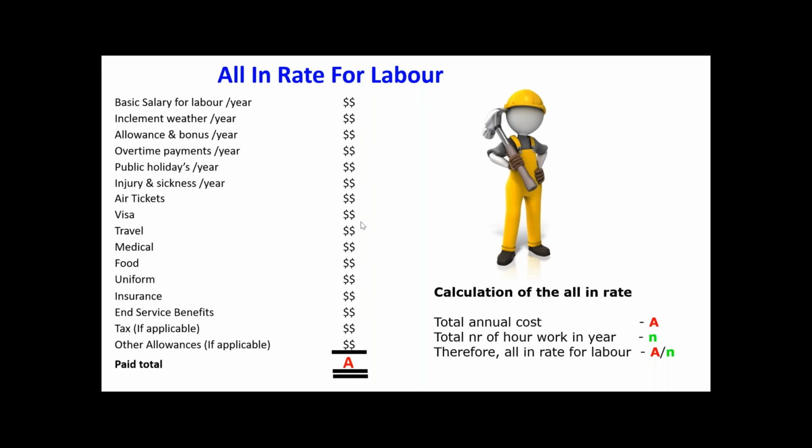Exactly, his overhead and profit. Don't say just profit. His overhead and profit, because to manage the labor supply there will be a supervisory team and a head office running cost. So that is overhead plus his profit. You understand, right? So that is how the all-in rate for labor is calculated.